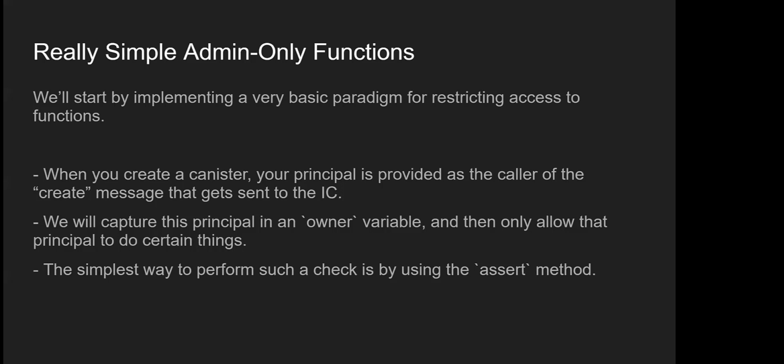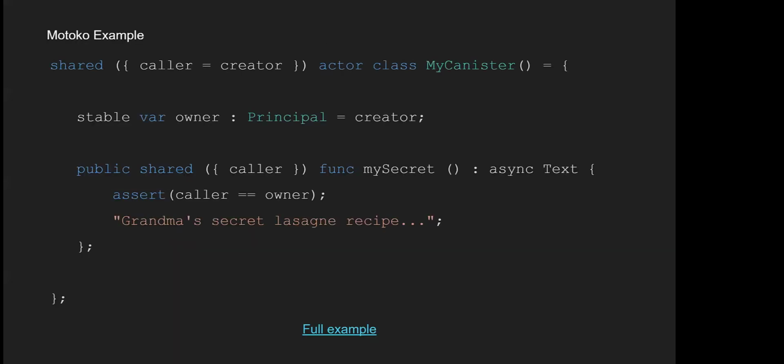Then we can perform an assertion using the assert method built into Motoko to make sure that somebody calling a sensitive function is the admin before allowing them to proceed. This is a really basic example of what that looks like.